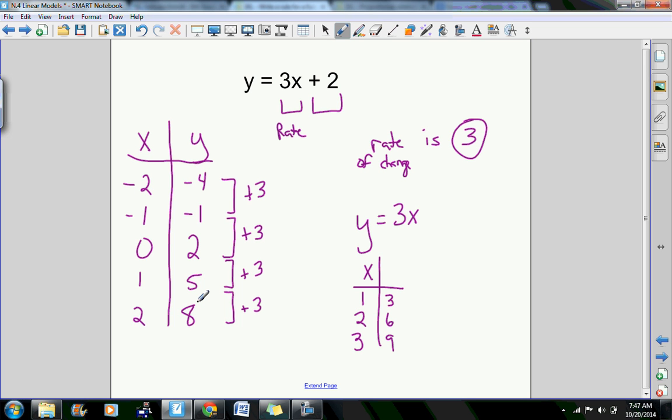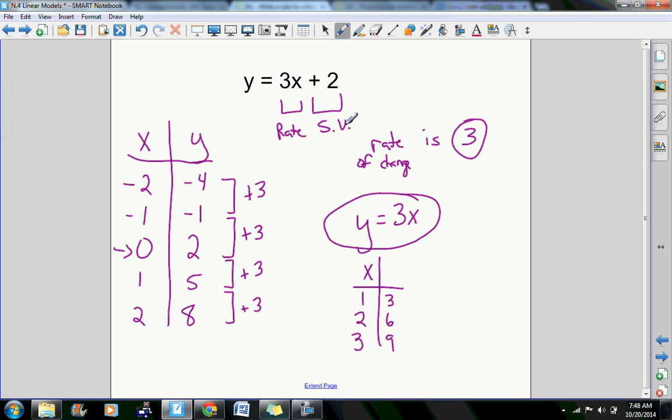So that plus 2 is how much above this equation you are, or you could also think of it as your starting value. That plus 2 could also be where you started in the equation.